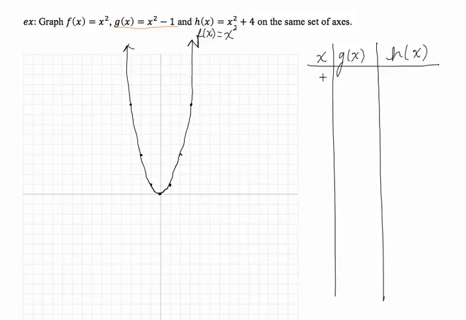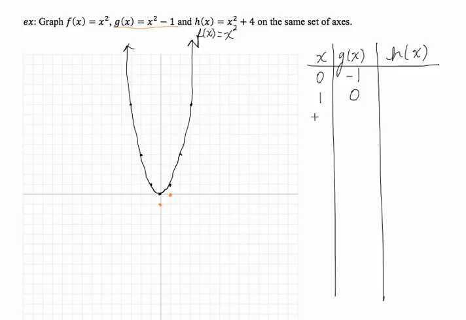Okay, if we plug in 0 into g of x, we'll get 0 squared minus 1, so negative 1. Okay, next let's plug in 1. If we plug in 1, we get 1 squared, which is 1, minus 1, which is 0. So it goes through the point 1 comma 0.